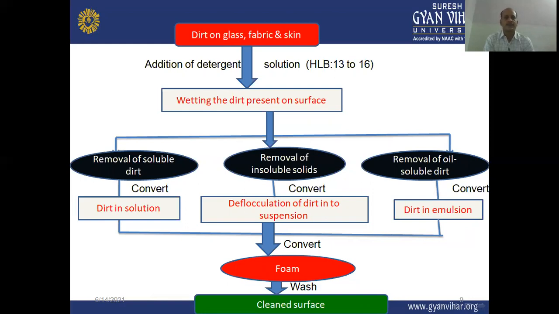For removal of dirt on glass, fabric, skin, etc., first we have to add the detergent solution. Then wetting of the dirt present on the surface is done, the first mechanism as we already discussed. Then there are three parts to removal of the dirt: whether the dirt is soluble, insoluble, or oil soluble.